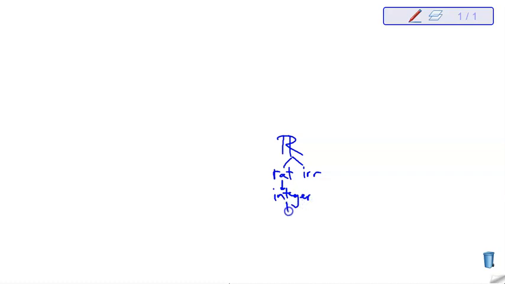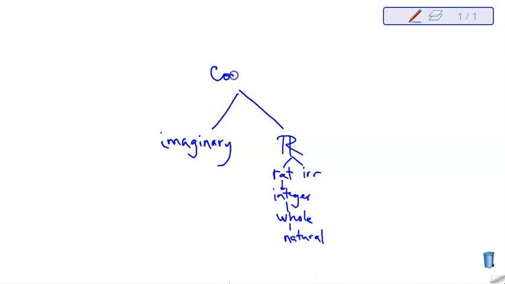With integers, I end up having whole numbers. And in the end, the most restricted set is natural numbers. So real numbers, and then we also have these imaginary numbers. Where we are going now is that I'm going to put those two together and deal with complex numbers.